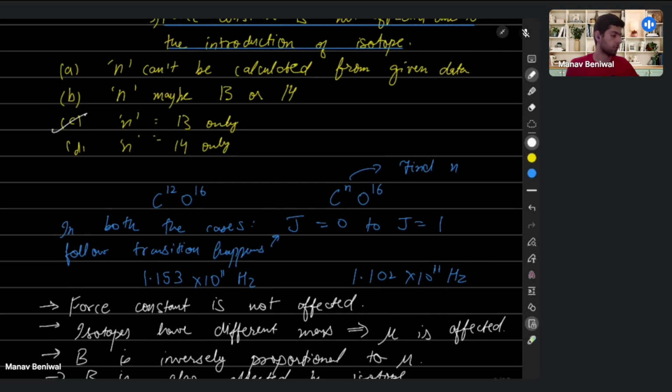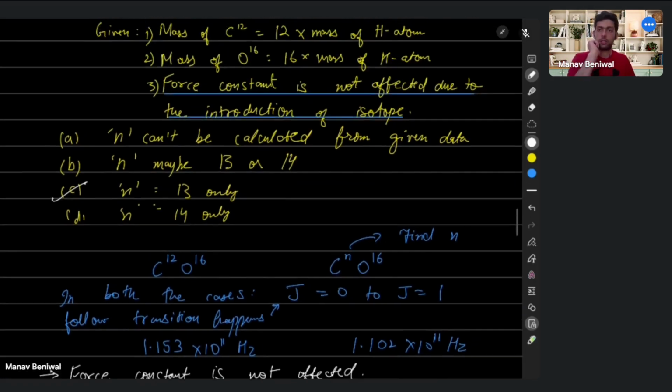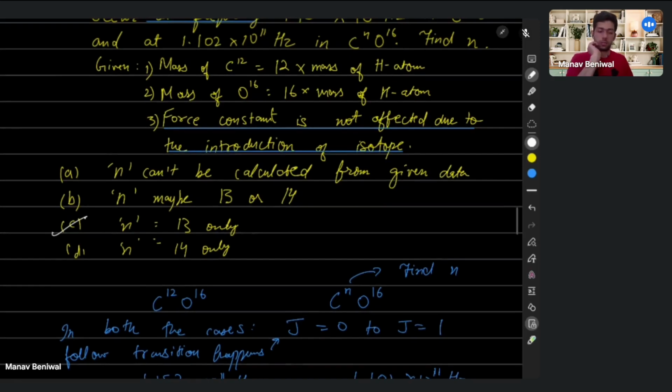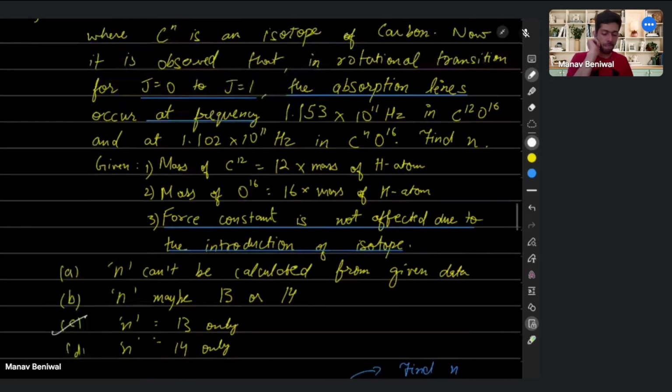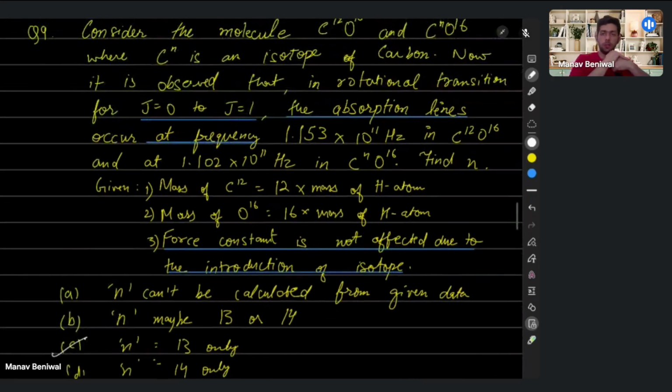Okay, so this was a little bit lengthy. So let's go back to this problem once more so that we understand what we were doing. In this problem, we are given two sets of molecules.